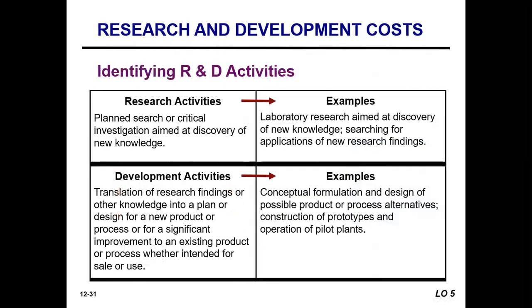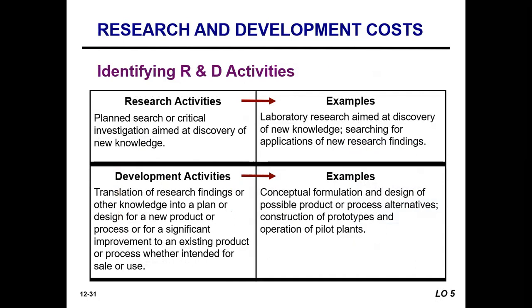And this chart out of your book, this is on page 628. Again, I mentioned a couple of these already. So research activities: planned search or critical investigation aimed at discovery of new knowledge. Examples include laboratory research, searching for applications of new research findings.